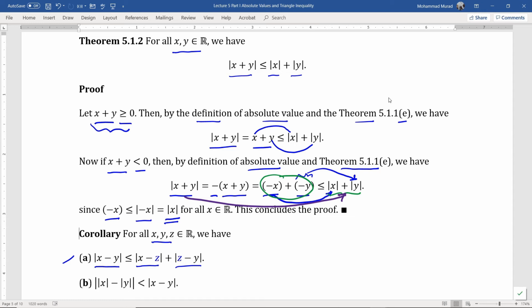This inequality can also be written as the absolute value of x minus y is smaller or equal to the absolute value of x minus z plus the absolute value of y minus z.